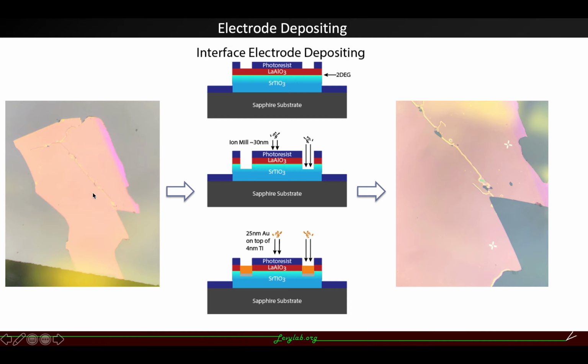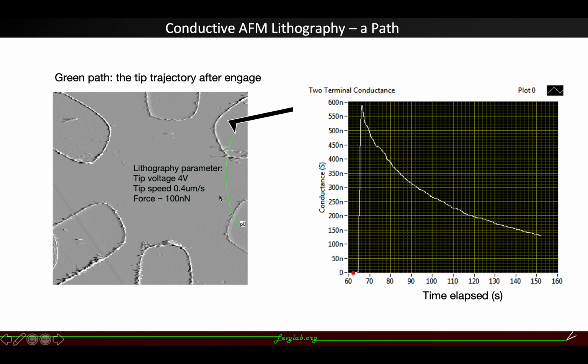And then we did a writing test with conductive atomic force microscope lithography on our LaSTO membrane. Here, when we write with 4 volts on the tip, you can see a conductance jump of around 500 nanosiemens. This means that we can control the nanoscale metal-to-insulator transition on this membrane.